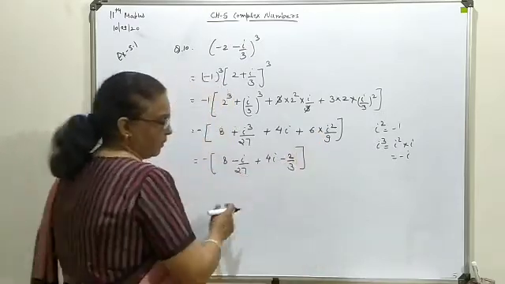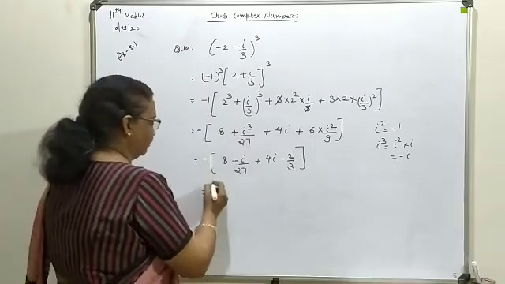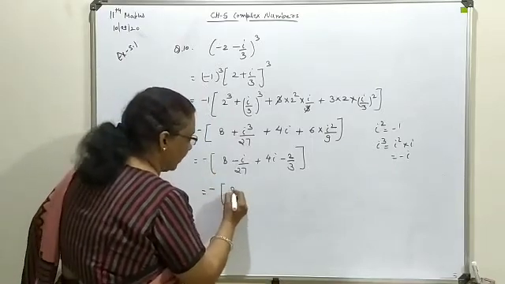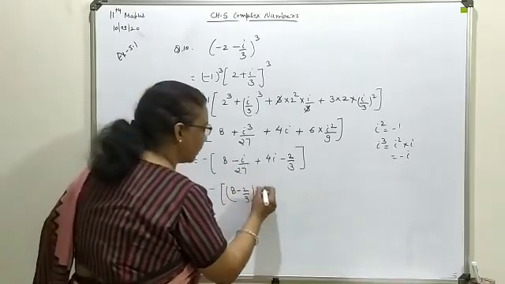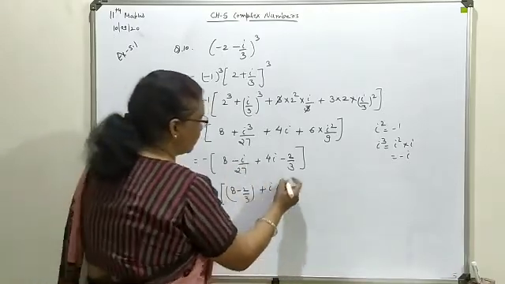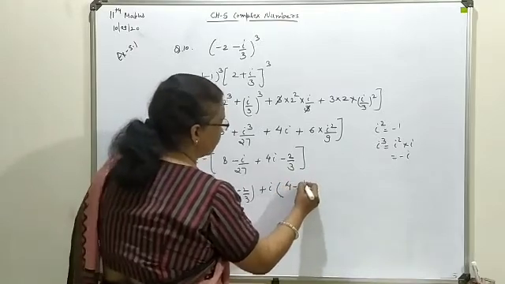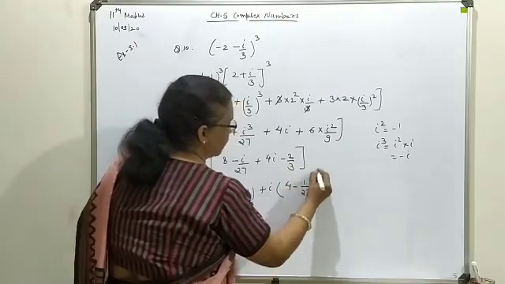Make the real part and imaginary part combine. So this is minus 8 minus 2 upon 3 in one bracket. Here you can take iota common. So this is your 4 minus 1 by 27.